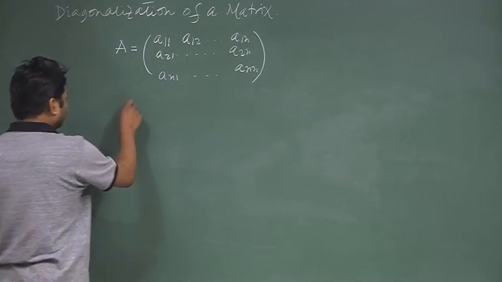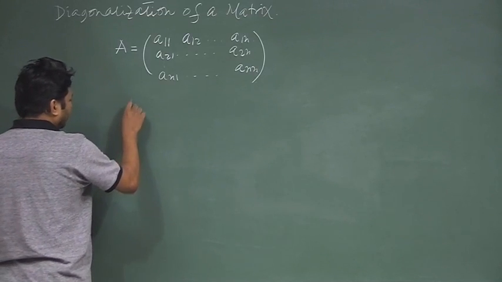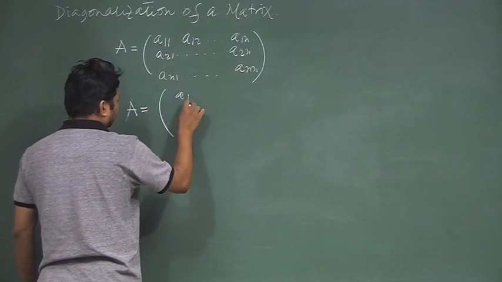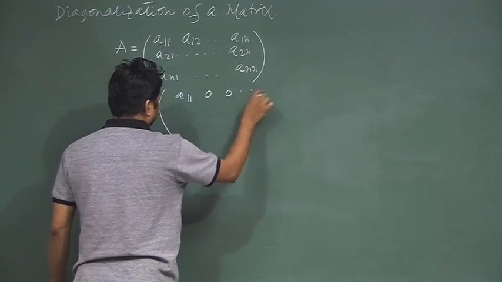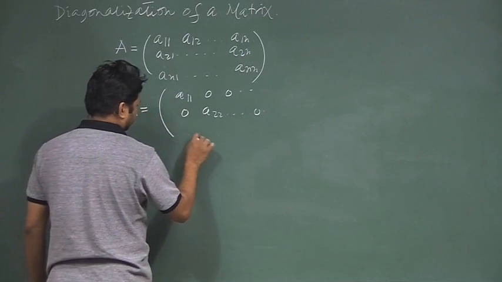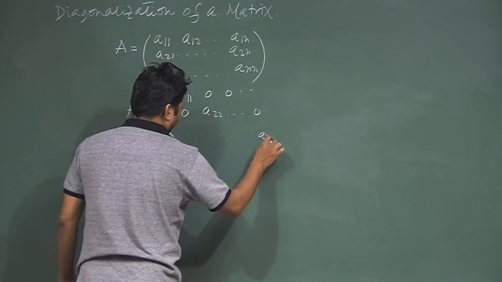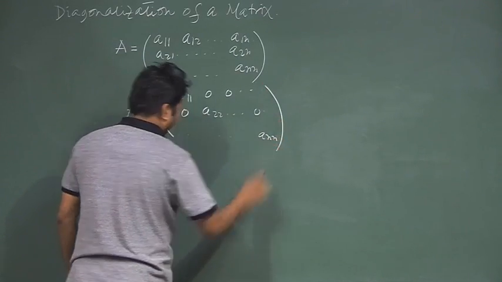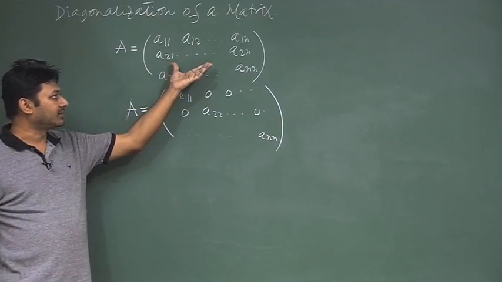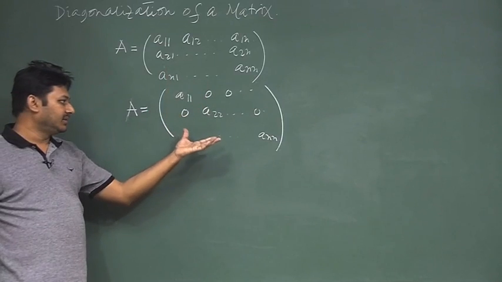A diagonalized matrix is one where we have only the diagonal elements and the other elements are 0. For example, this is the diagonal matrix, and this is a general matrix.